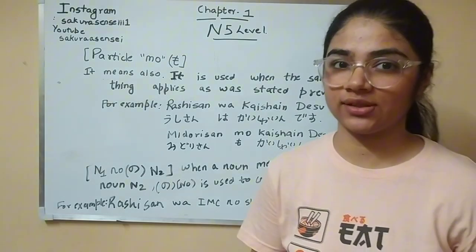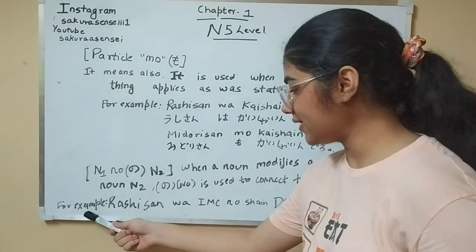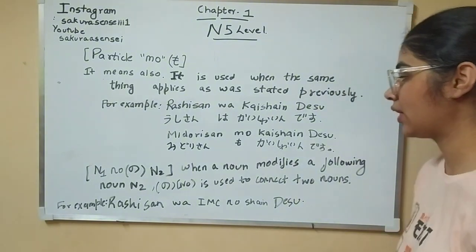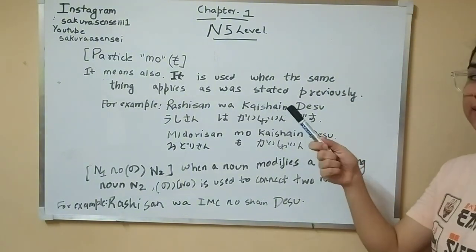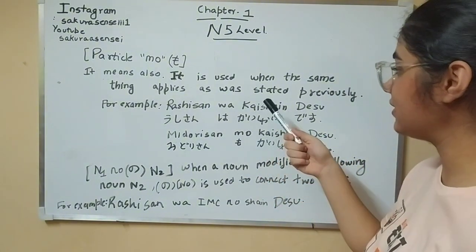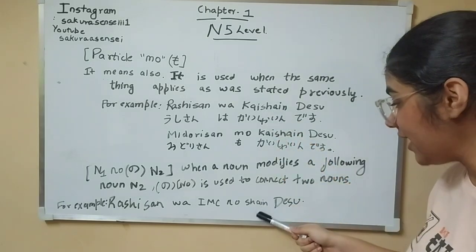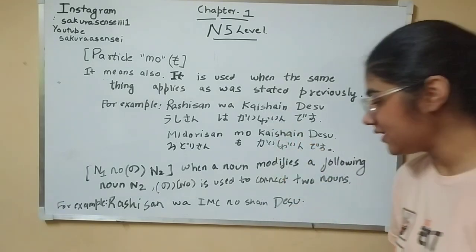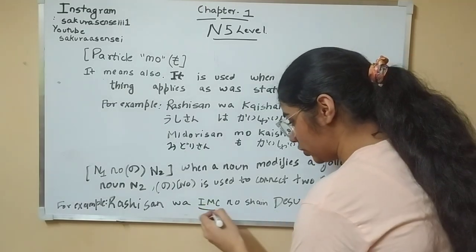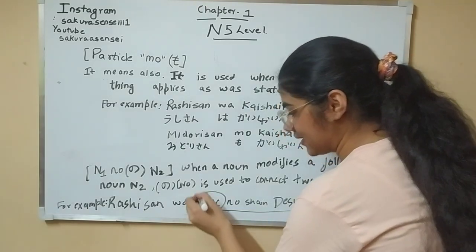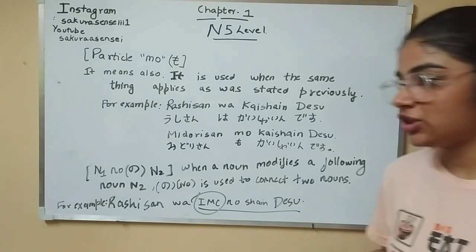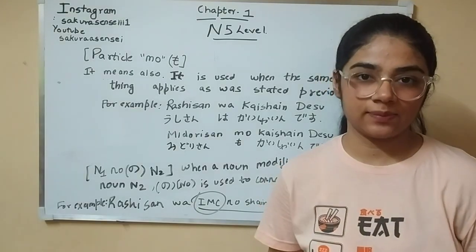Let's understand this concept with an example. Rashi-san wa IMC no shine desu. Here shine means employee. So when I say IMC no shine, it means that IMC is a company and shine is employee. So Rashi-san is an employee of IMC company.